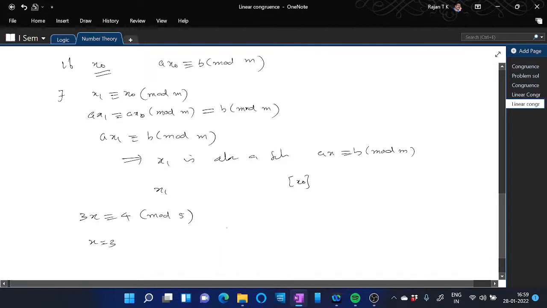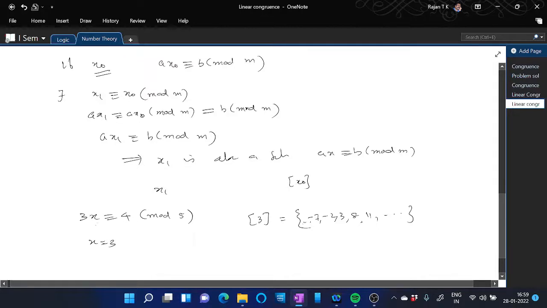So you take the residues modulo 5 which are in the class of 3, that is, all the elements in the congruence class of 3 modulo 5, which consist of the integers like 3, 8, 11, etc. Similarly -2, -7, etc. are all solutions to 3x congruent to 4 mod 5.